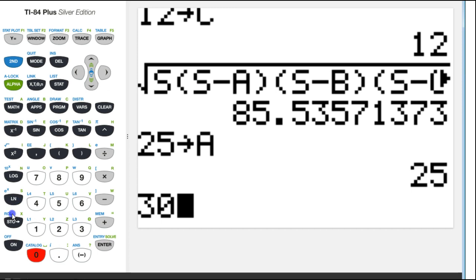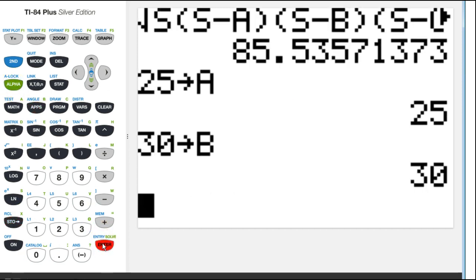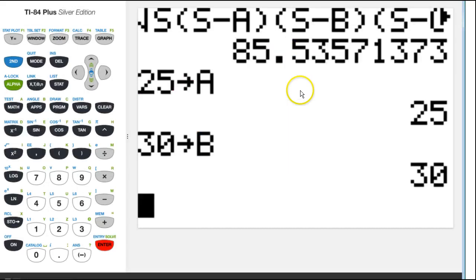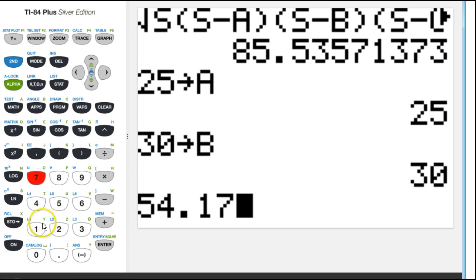So I'm going to do 30 and store that into letter B. And C is 54.171. I'm going to store that into letter C.